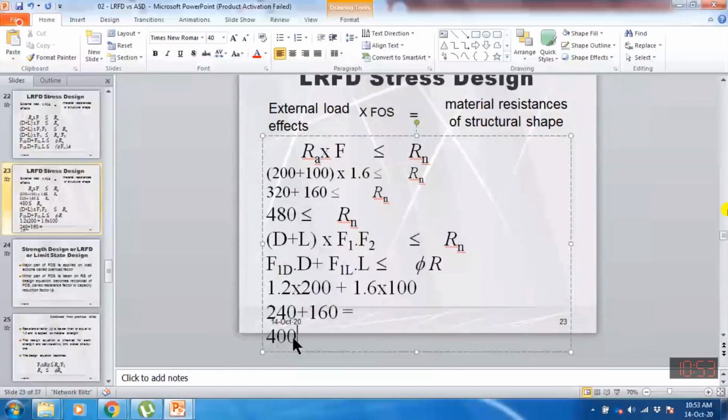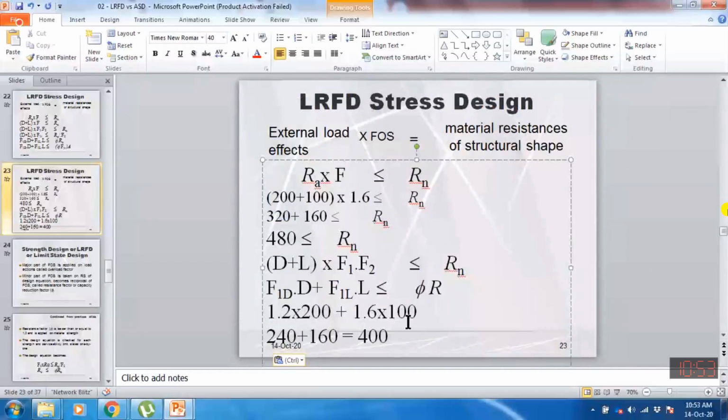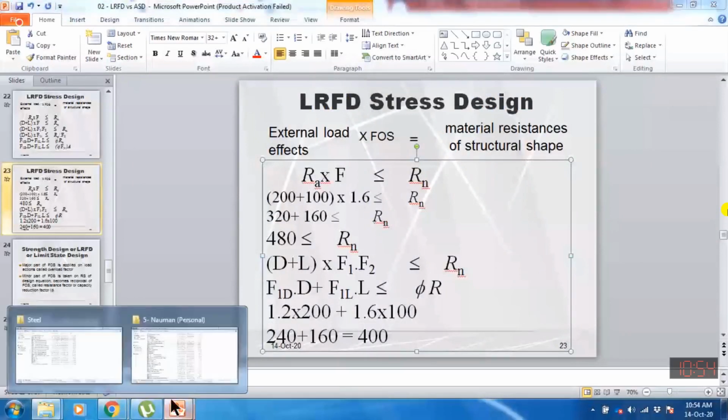So if I just compare the load, because I'm using the other side of the equation as a constant, it means that as compared with the ASD, I'm using a smaller load value in the design for the same material strength. It means that if I'm overloading, there are chances that I'm approaching the yield value first in ASD.